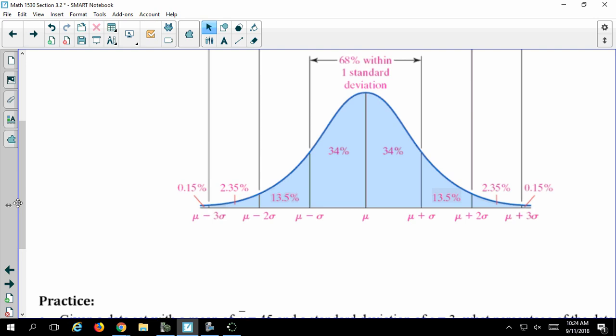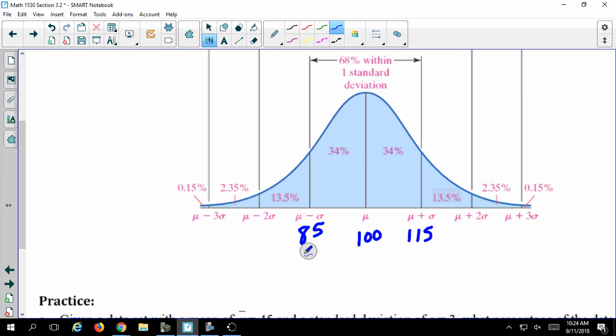So if the mean was 100 and the standard deviation was 15, then this would be 115 and this would be 85. Does that make sense? If your mean is 100 and your standard deviation is 15, you just add 15, subtract 15. That gives you a range where you're within 1 standard deviation of that mean.